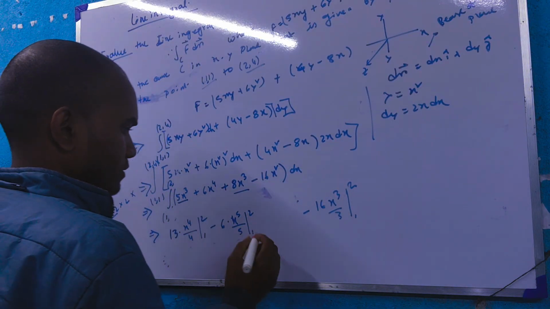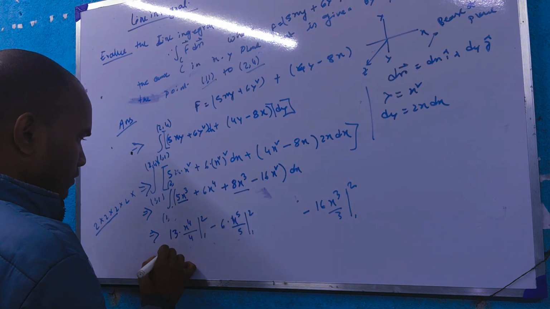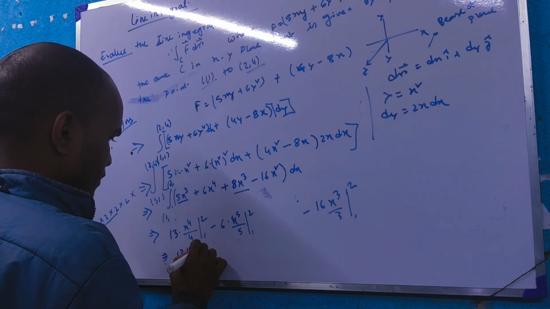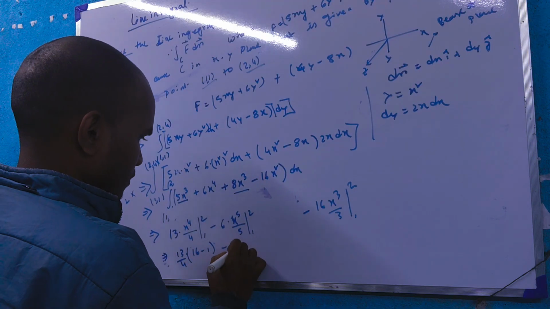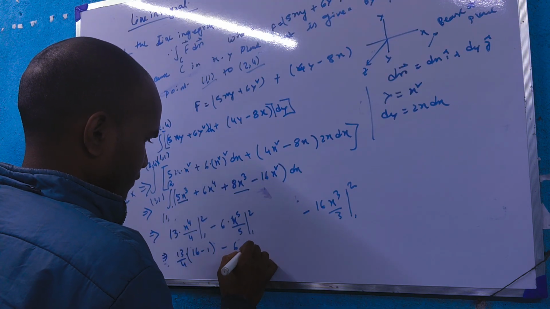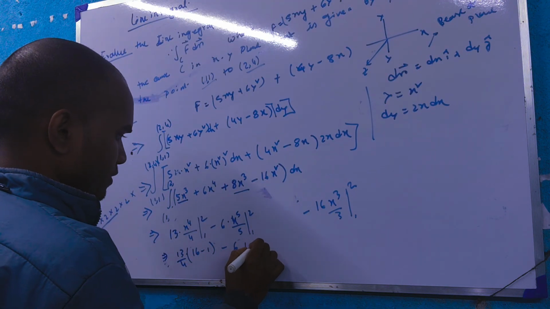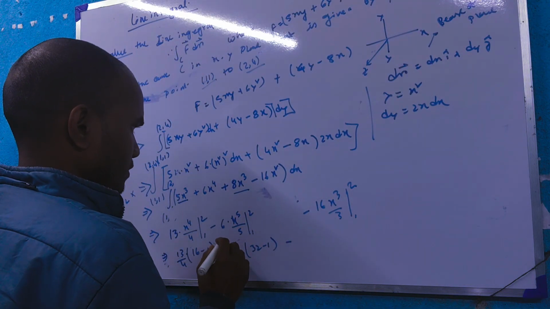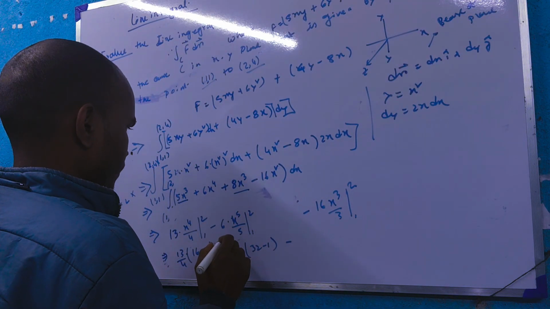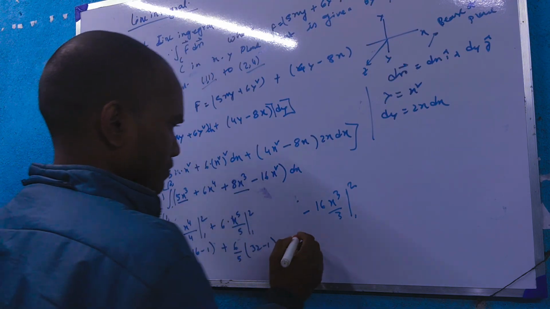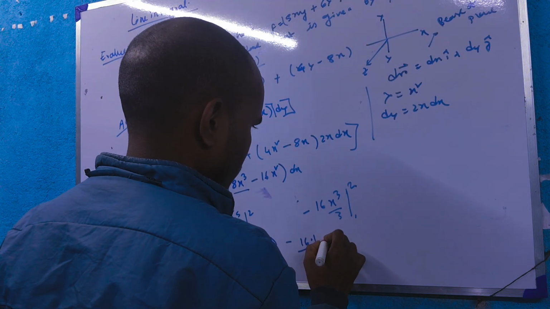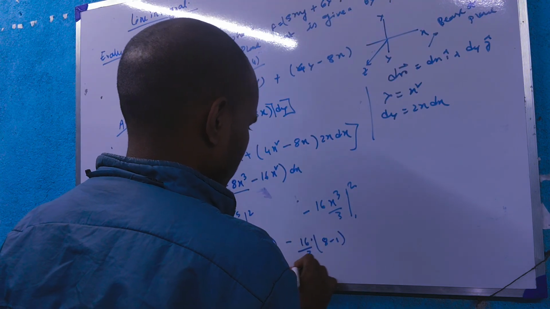So after that, what will it become? 13 by 4 into 16 minus 1, minus 6 by 5 into 32 minus 1, and this will be positive, this is minus, so 16 by 3 into 8 minus 1.